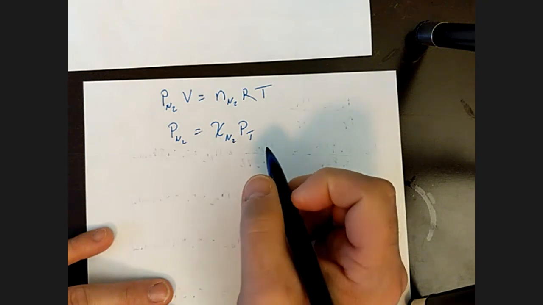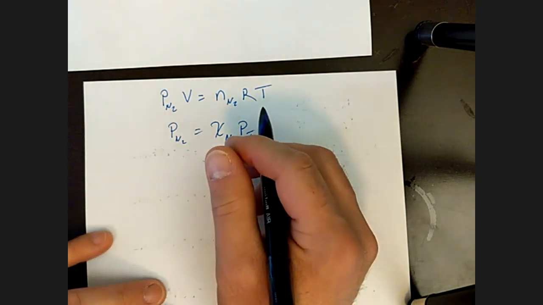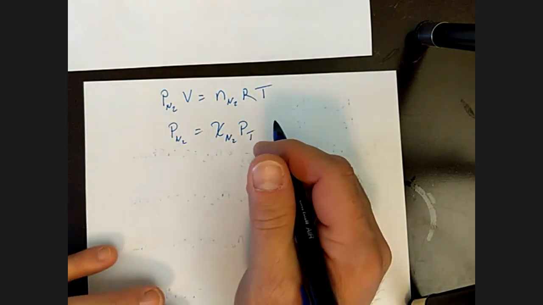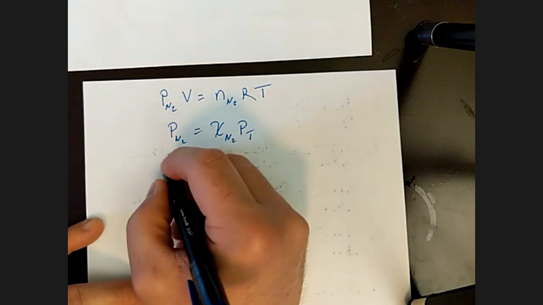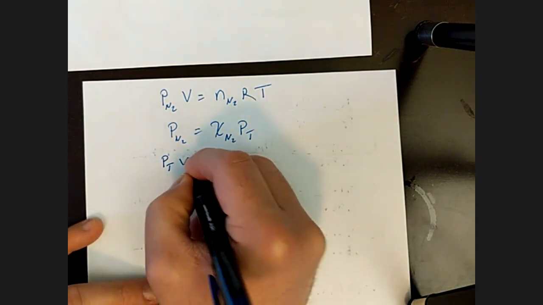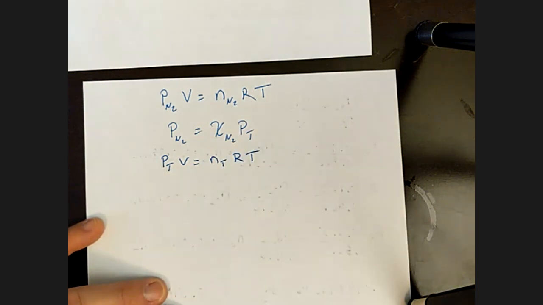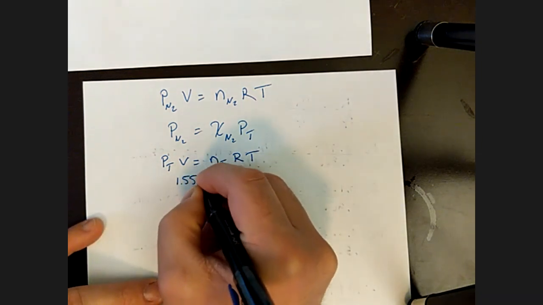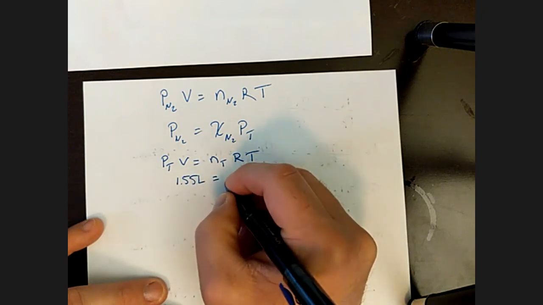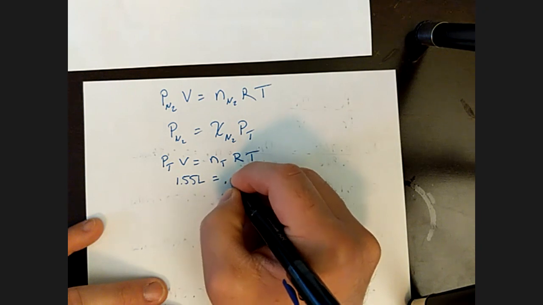Oftentimes, the problems are not this. They sometimes will tell you what the total pressure of the gas is in the system. In this case, we can calculate it. We already know that our volume is 1.55 liters. We already know our total moles in our system.